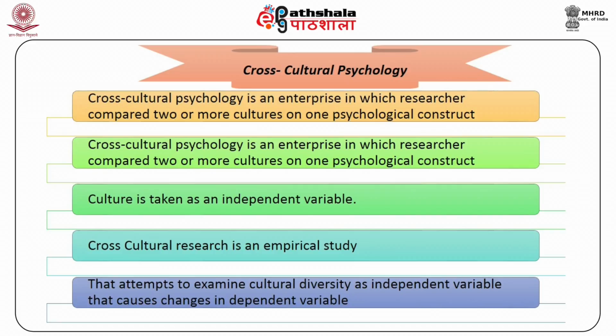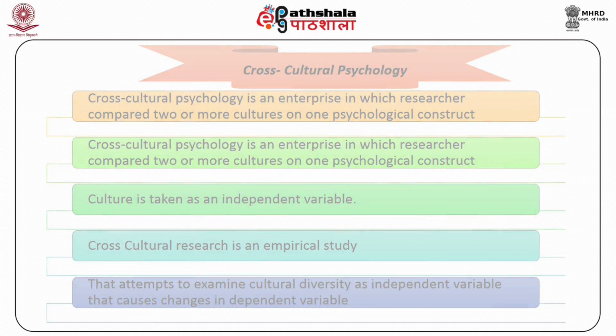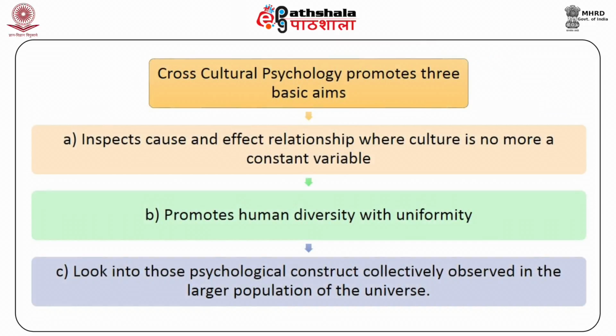In this context, culture is taken as an independent variable. Cross cultural research is an empirical study that attempts to examine cultural diversity as an independent variable that causes changes in a dependent variable, that is, psychological constructs. Thus, cross cultural psychology promotes three basic aims.